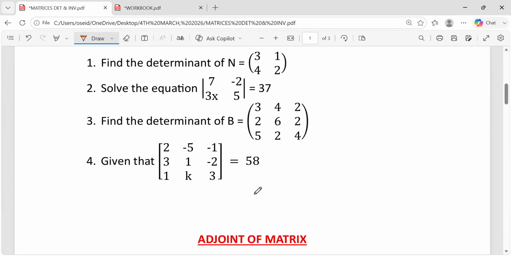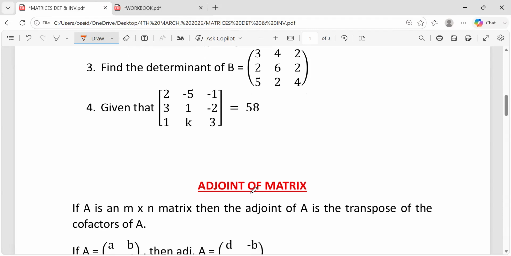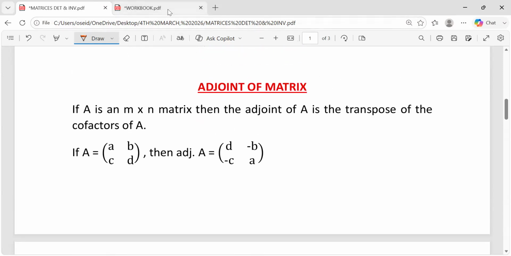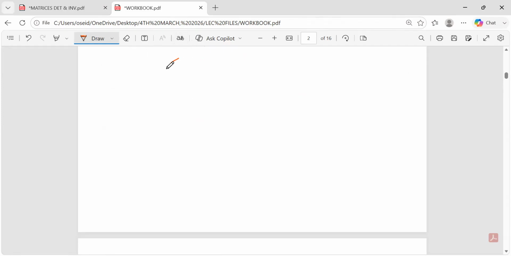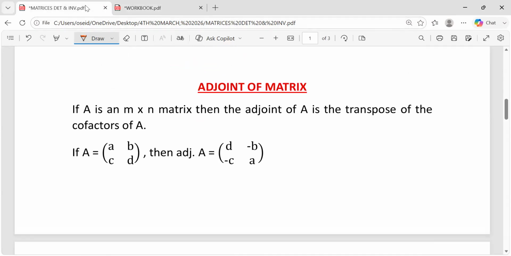So this will be your first trial question. Then move on to adjoint of matrix. We say that the adjoint of a matrix, adjoints. We say that A is an M times N matrix.